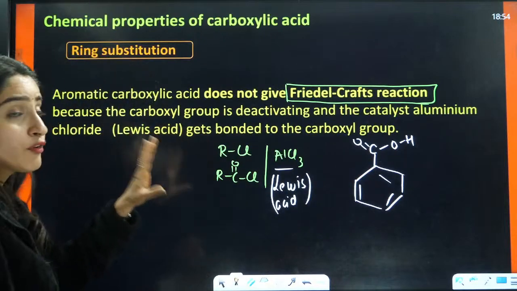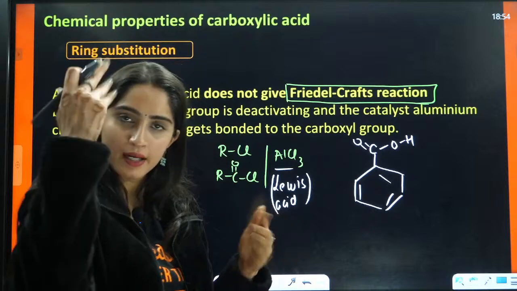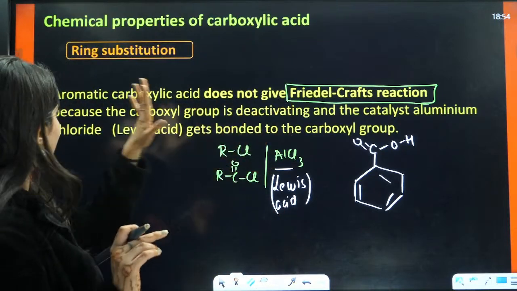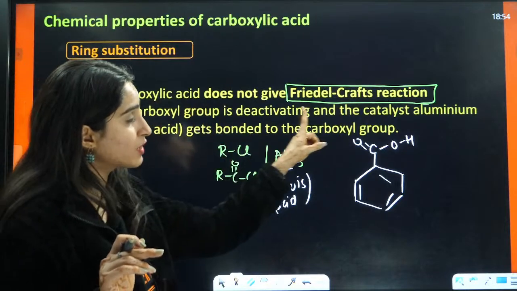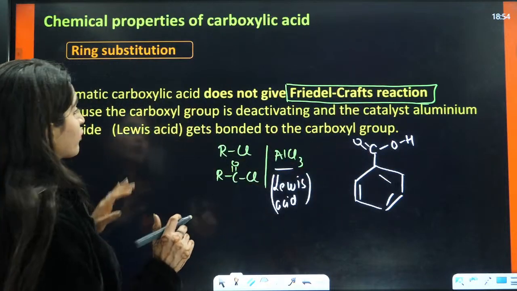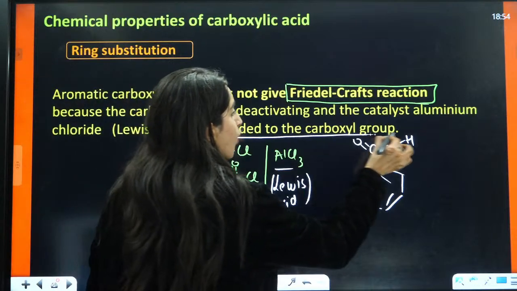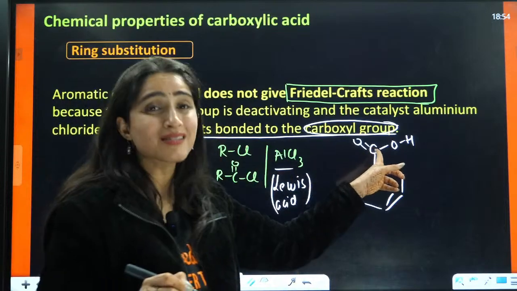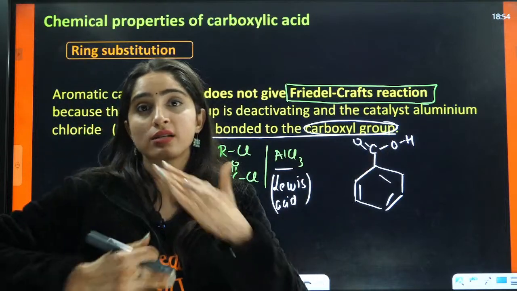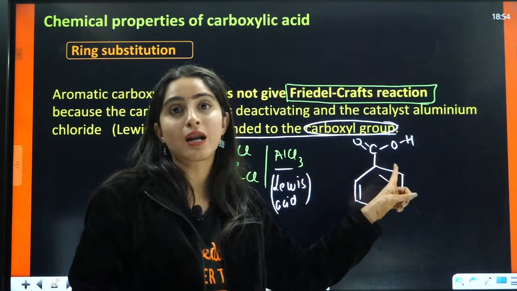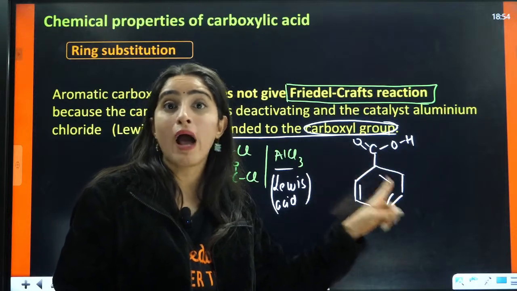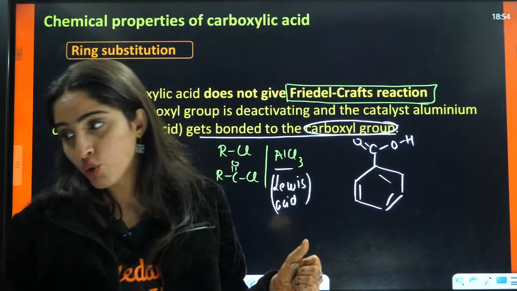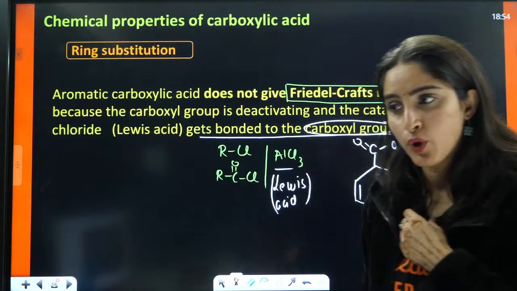That is why the Friedel-Crafts reaction will give some other product only. So aromatic carboxylic acid does not give the Friedel-Crafts reaction because the carboxyl group is deactivating and the catalyst aluminium chloride gets bonded to the carboxyl carbon, because of the delocalization of electrons on this carbon. That is why this Lewis acid is attracted towards those electrons. Okay, guys.